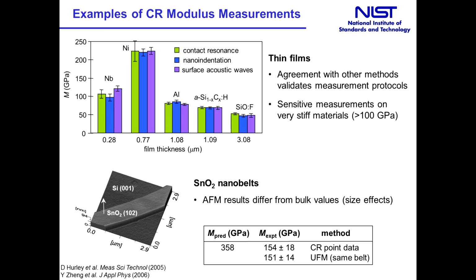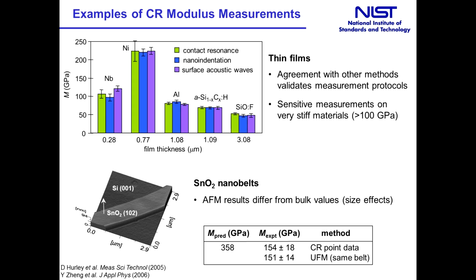The contact resonance results agree well with data on the same samples that were obtained by other techniques, namely nanoindentation in blue and surface acoustic wave spectroscopy in purple, in spite of the fact that these techniques probe much bigger length scales. Results like these helped us gain confidence in our contact resonance techniques for making accurate quantitative modulus measurements.